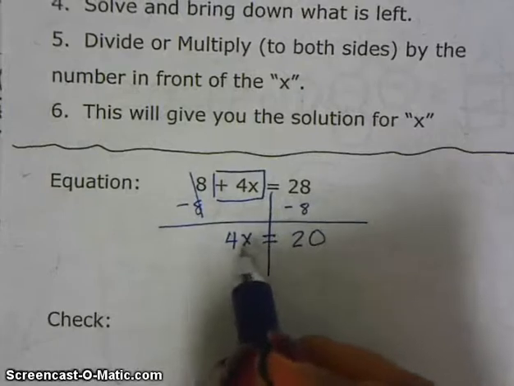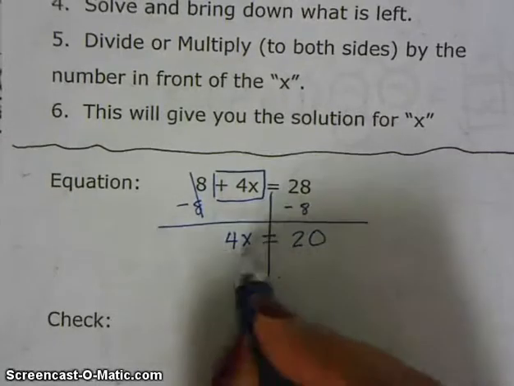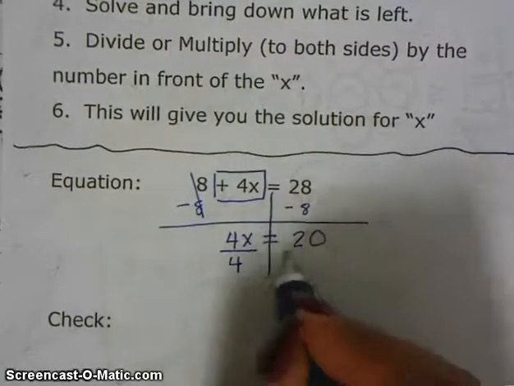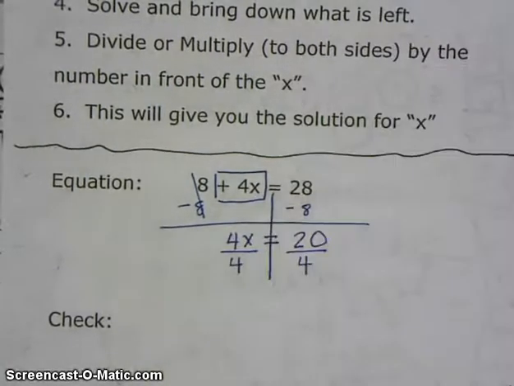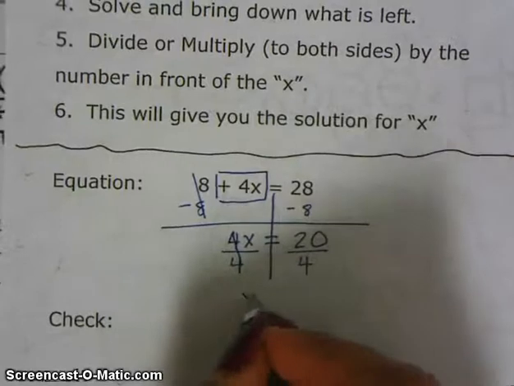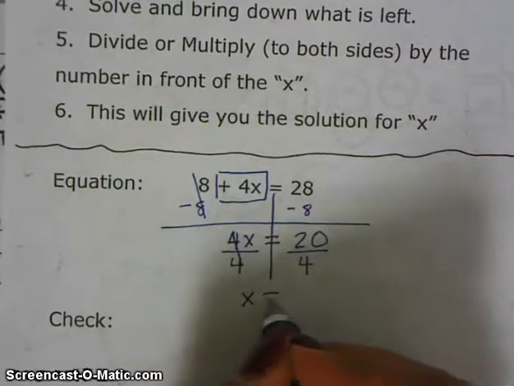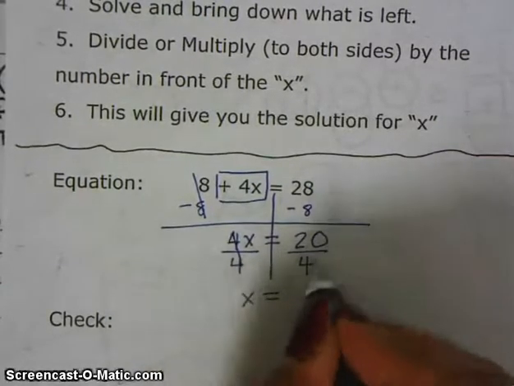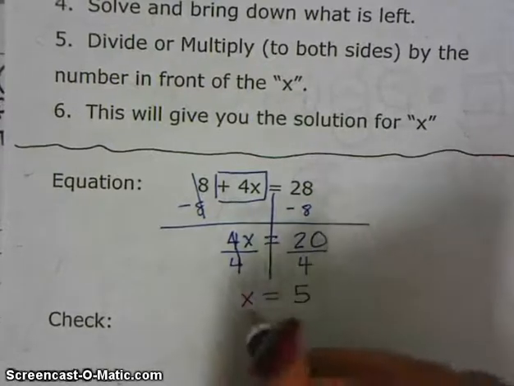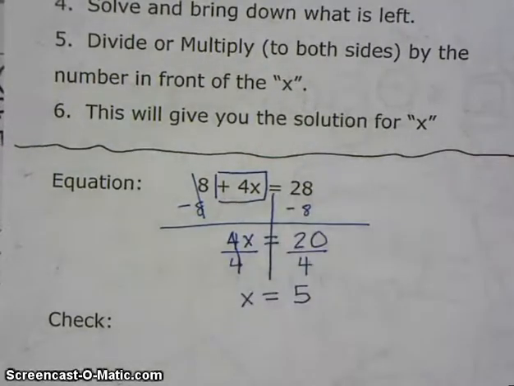I have 4 times x equals 20. So since this is multiplying, I'm going to divide both sides by 4. When I do that, 4 divided by 4 gives me 1, because that is what I want, the 1x. And 1x is going to equal 20 divided by 4, which is 5. Okay, so my solution for this equation is x equals 5.